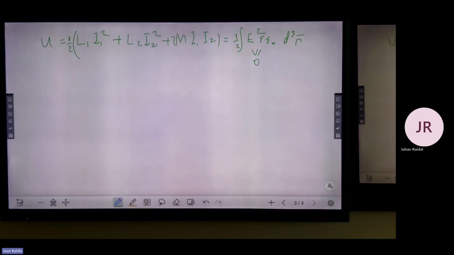And now the question is exactly, can you, from this, find an upper limit for M? How big can M be?